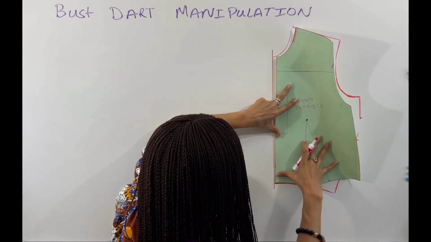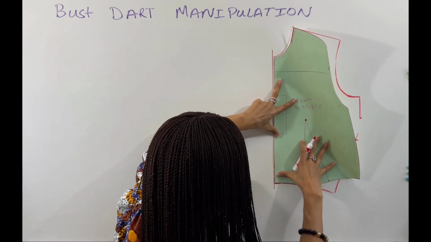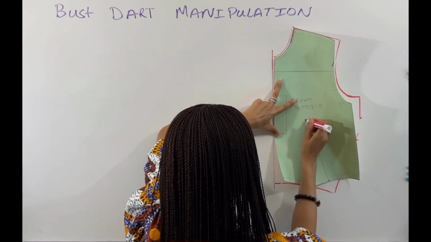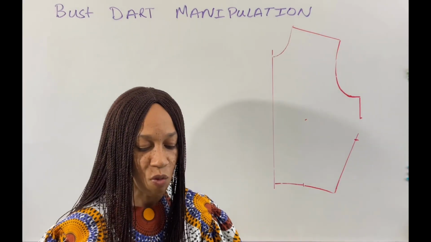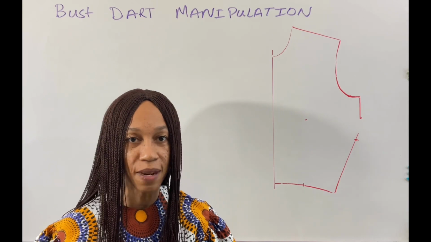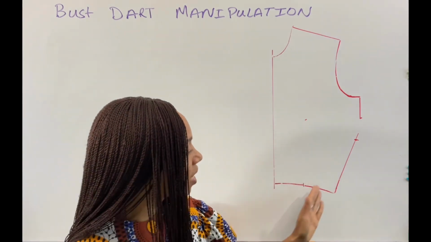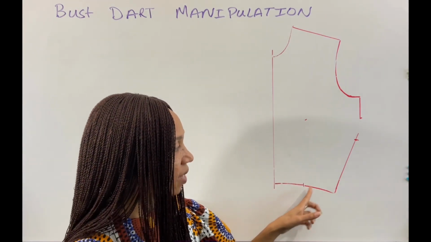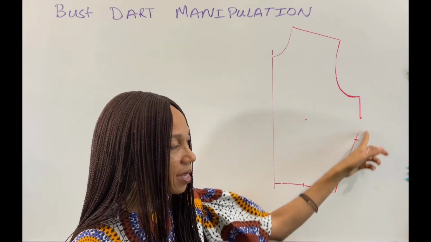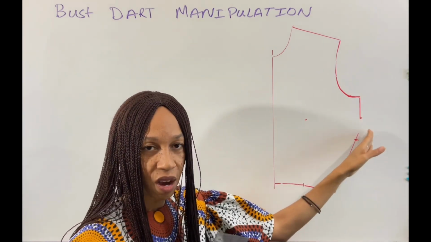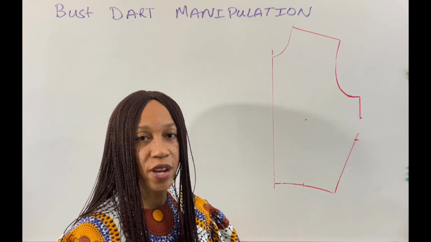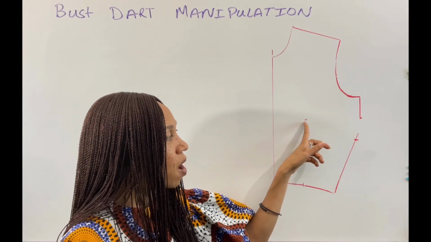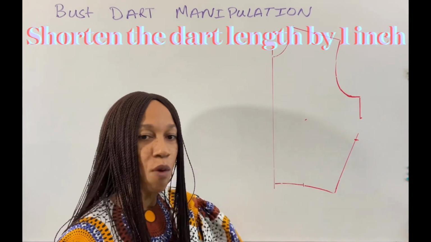Because of illustration purposes here, I need to now go back and mark where the tip of my dart is. The next thing that I want you to do is that because you have shifted the dart from your waist to your side seam, or what we call under the arm, because that's the under the arm dart, we are going to shorten from the bust point by 1 inch.